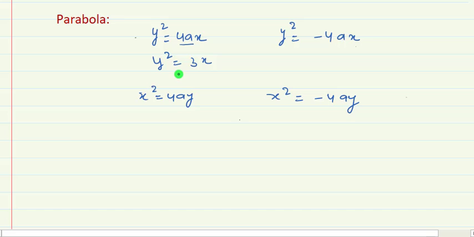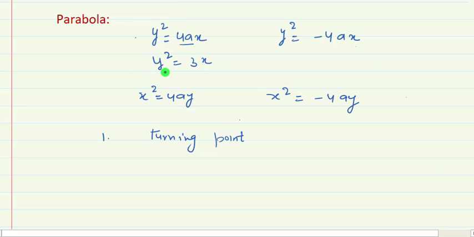Here you should know three things about the parabola to draw it very easily. Number one, we need to find the turning point of the parabola. It is easy to calculate the turning point if we put the term which is in square as 0.